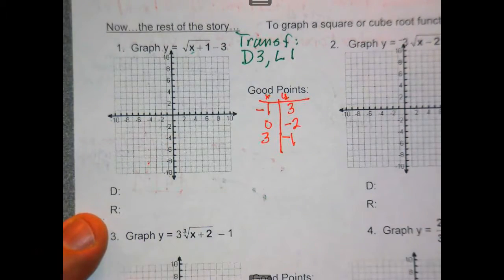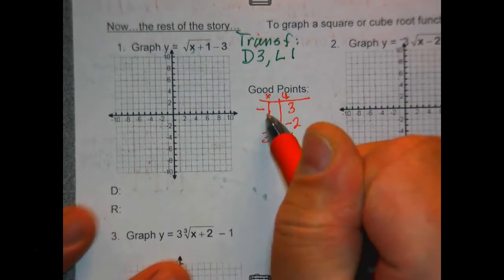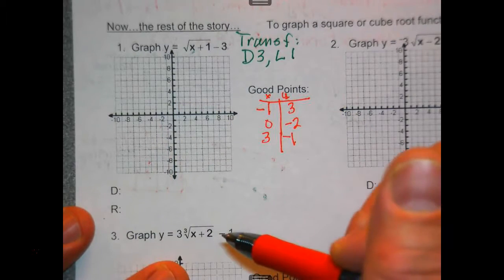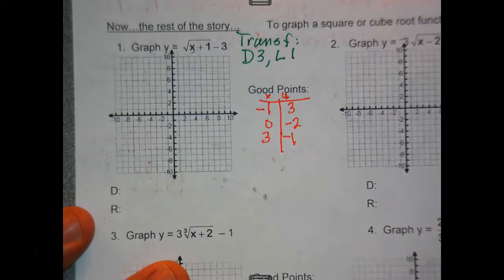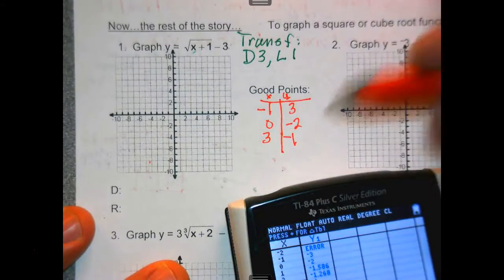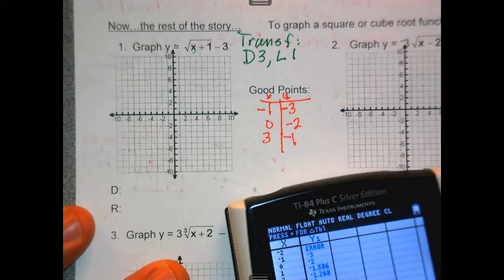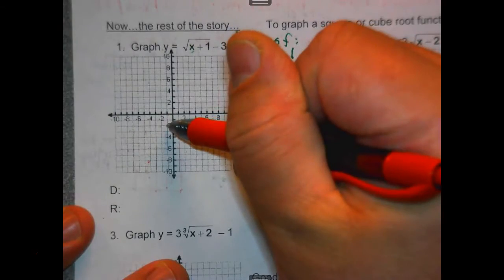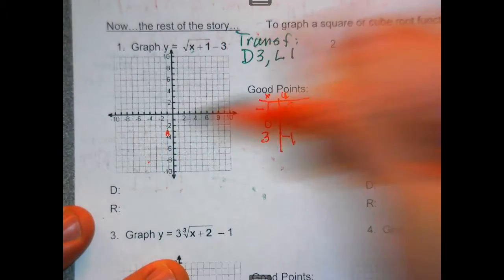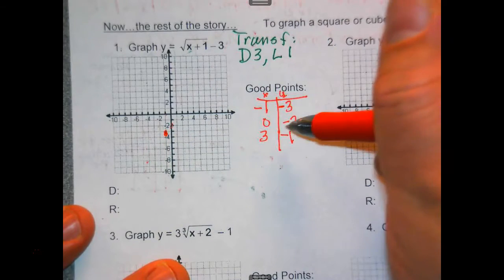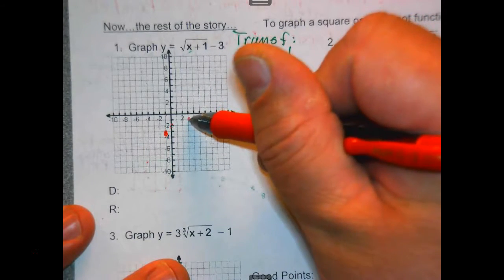I should be able to graph it with 3 points. Just double check. -1, -3, right? Yeah, that seems better. -1, -3. 0, -2, and 3, -1.